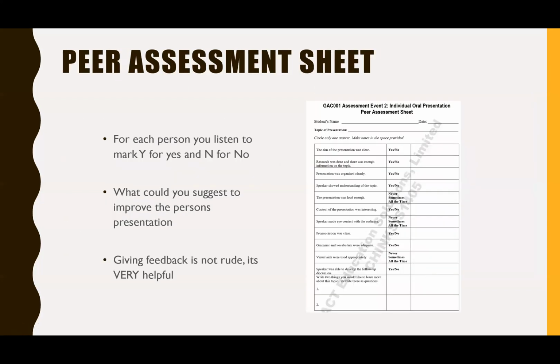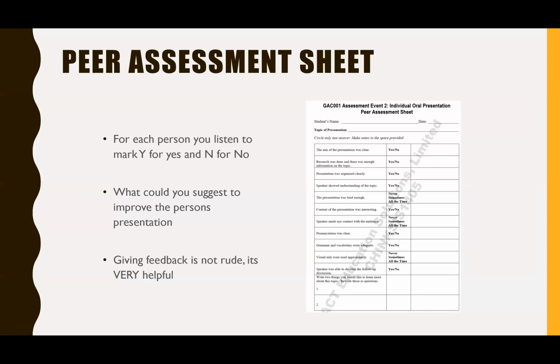So the things that you could suggest for the speaker is that maybe you could say that their PowerPoint is too busy. There are too many words on the PowerPoint and they should limit that. Or there's not enough pictures. You might say that you were interested in finding a little bit more about the family of this animal and would like them to include that information.